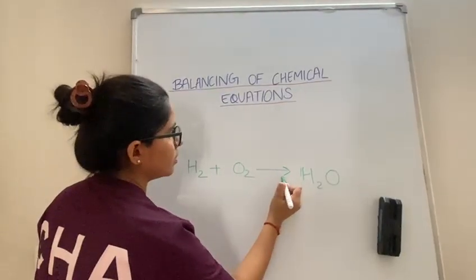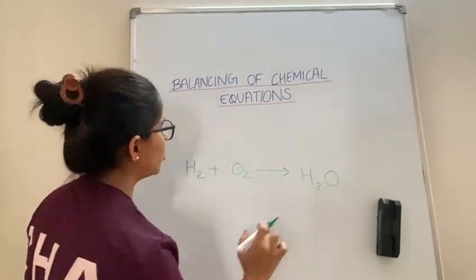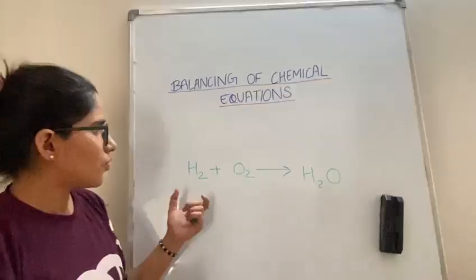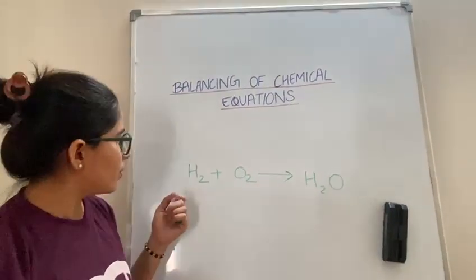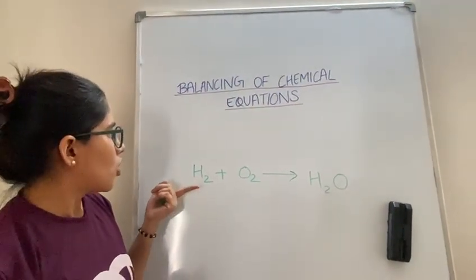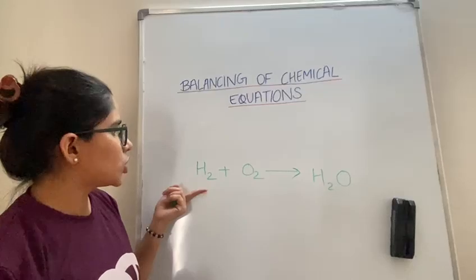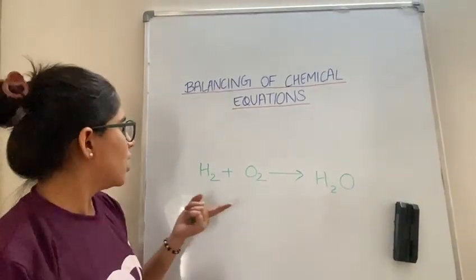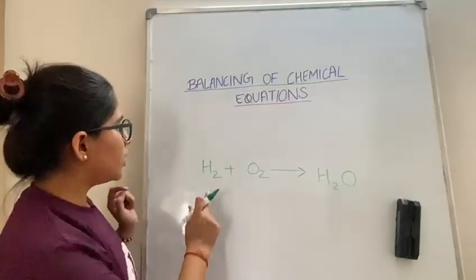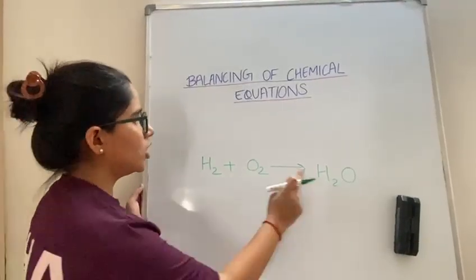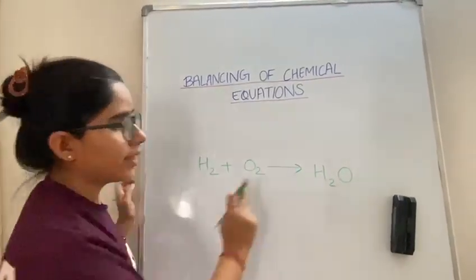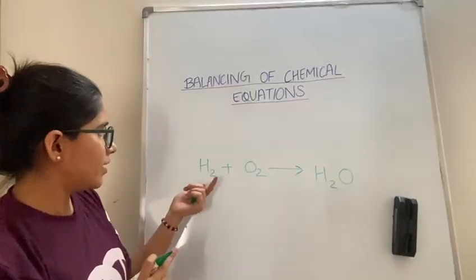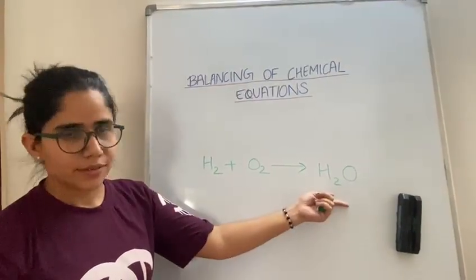This chemical equation is written over here. First of all, we have to count the number of atoms of hydrogen and check it with the number of atoms of hydrogen on the product side. Here we have only 2 atoms of hydrogen, and here also we have 2 atoms of hydrogen. So I can say it is already balanced.